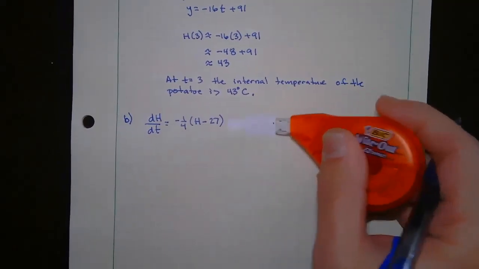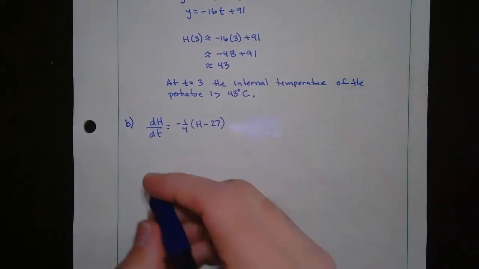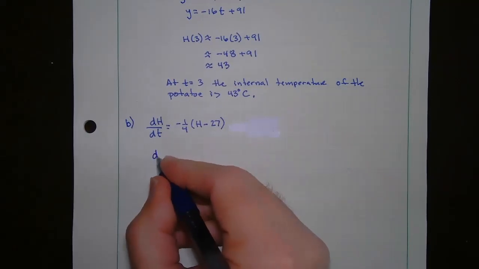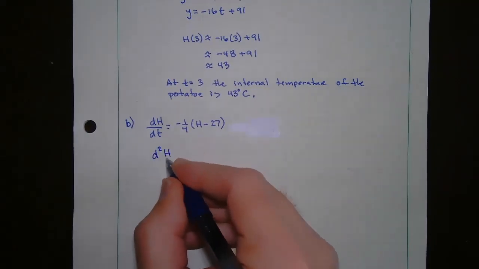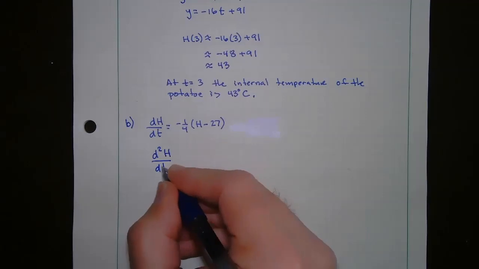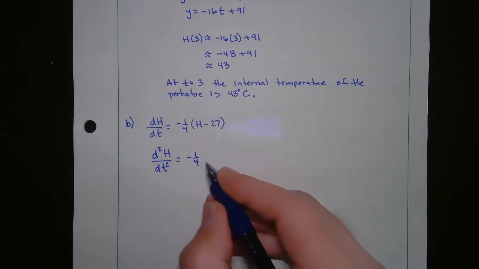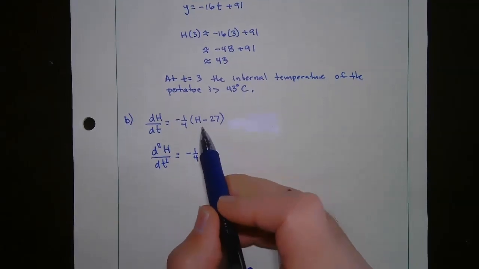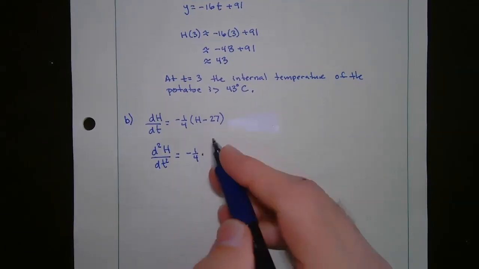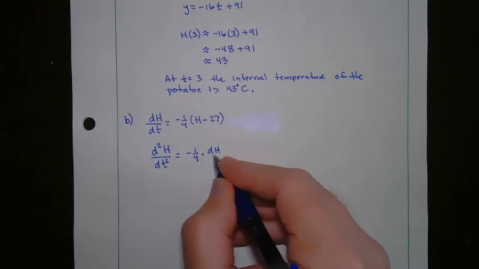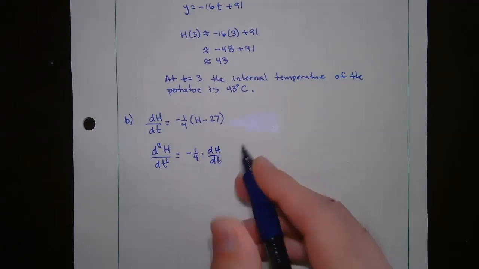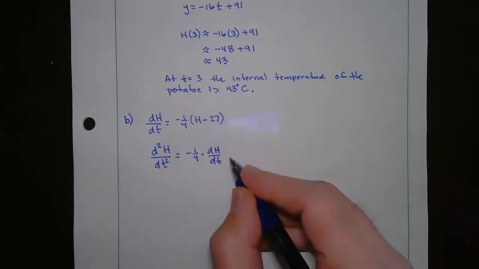What are we doing? We're taking the second derivative. So the second derivative of h with respect to time for the second time is equal to negative 1/4 times the derivative of h minus 27, and the derivative of 27 is 0.